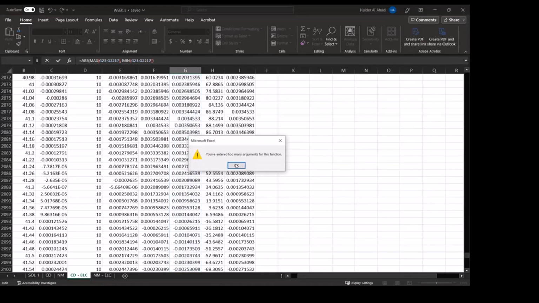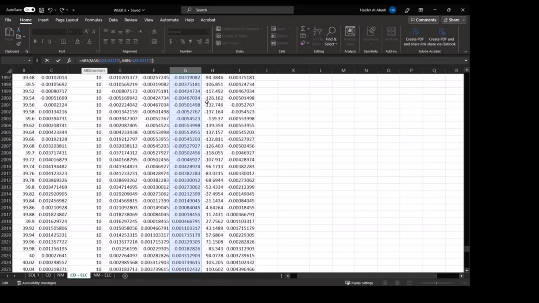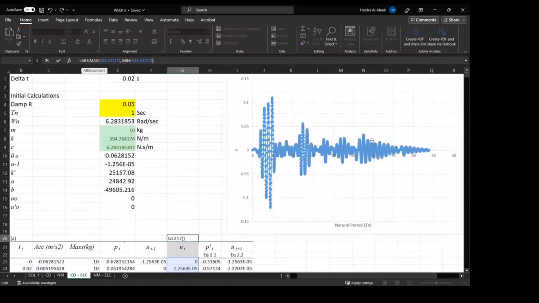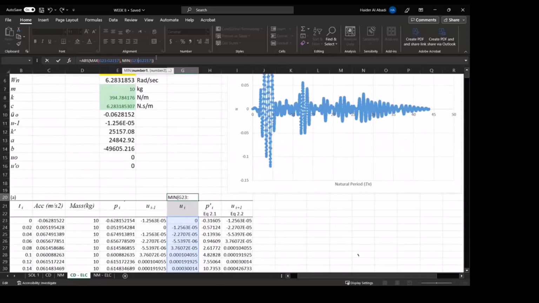Let's see if my argument is right or not. What I want to do basically is see the maximum and minimum values. Thanks, Danush, but won't that give me, I want the maximum, negative or positive.